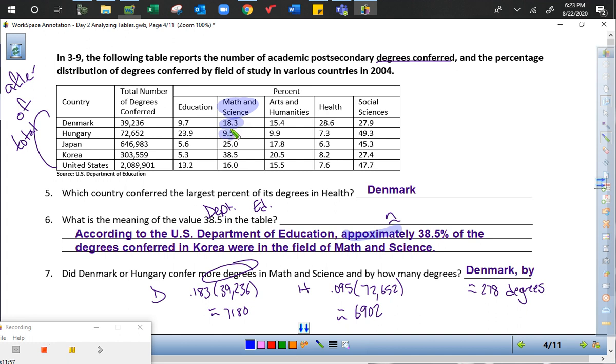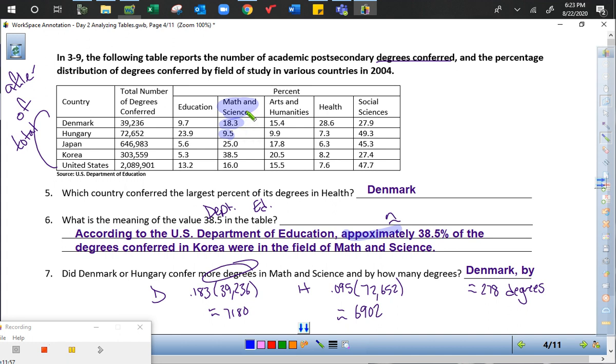If we just look at that, 18.3% is larger than 9.5%. But when we're talking percentages, that's based on the ratio from the whole. Let's take a look at those whole numbers. Over here, the totals are given, and you'll notice that Hungary had a lot more degrees than Denmark did. Almost double. So we can't compare these flatly.